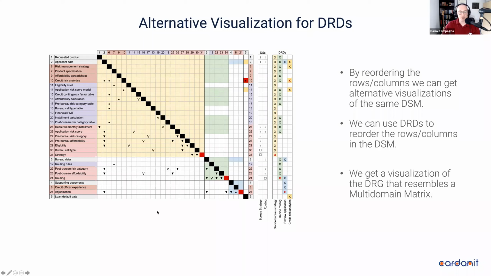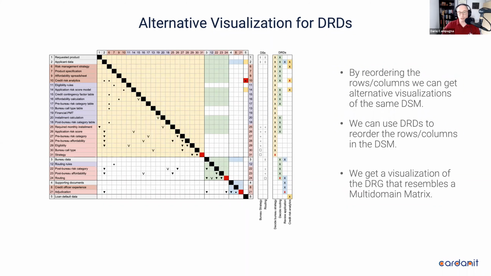So this different visualization with more colors and a different ordering conveys the same information as the external input-output columns, but in a different way that may be more immediate to someone. Also, this different view may make it easier to understand how the elements are spread among the DRDs, how much overlap there is between the different DRDs.